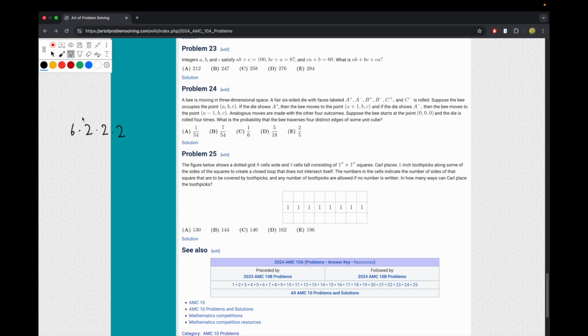Then the entire probability is simply 6 times 6 times 6 times 6. Now the probability should be the desired cases over total cases. However, I think we need to do something different here.